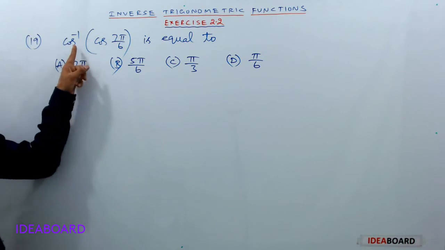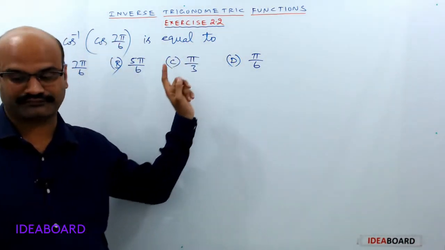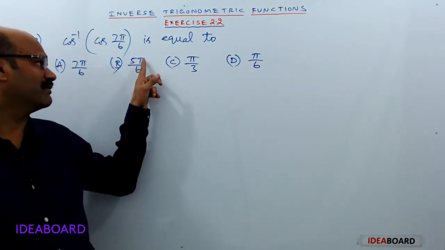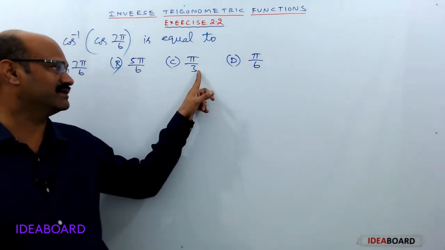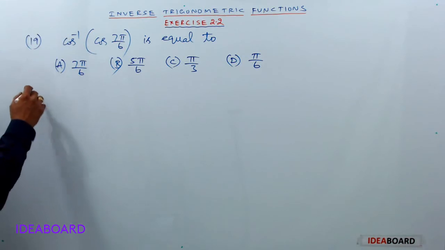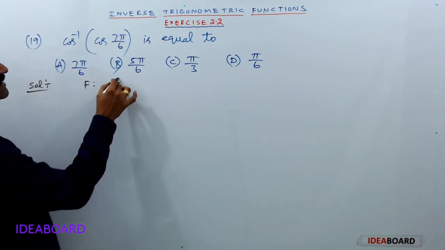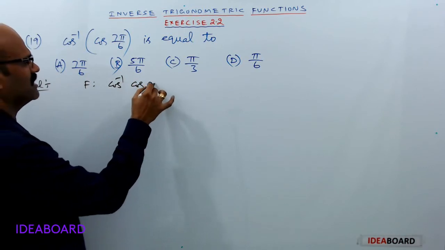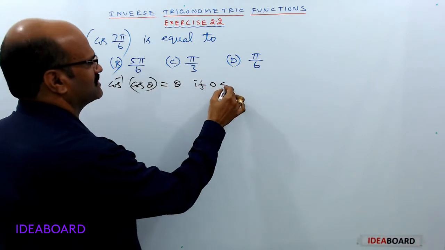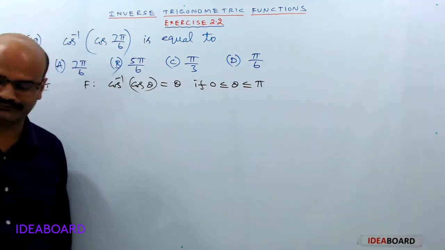19th problem, cos inverse of cos of 7 pi by 6 is equal to: option A 7 pi by 6, option B 5 pi by 6, option C pi by 3, option D pi by 6. The formula is cos inverse of cos theta is always equal to theta, if 0 less than or equal to theta less than or equal to pi.